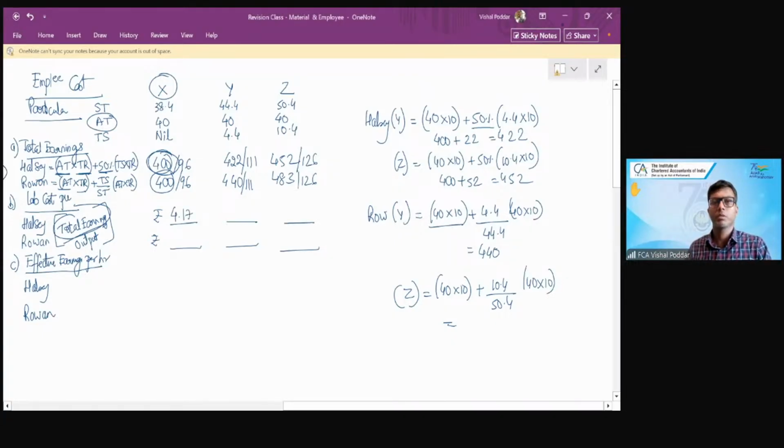These are the answers. Slight variation could be there in decimals. Then 4.16, 3.96, 3.82. Students, these are the answers I'm having.